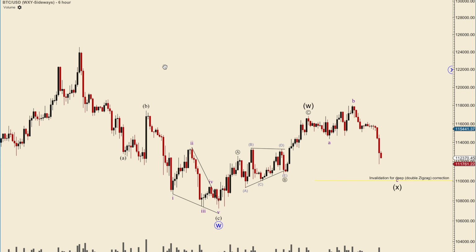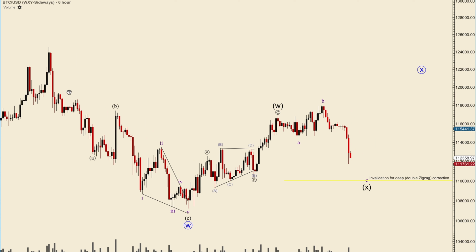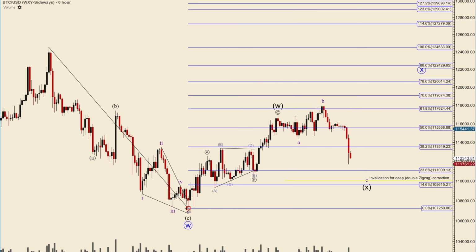Well, this is a scenario that we are counting a W, a zigzag down in W. We have a W, X to a Y to finish a bigger wave X. And here it's important to be aware of the wave X fib target, because if we hit the 70 fib at 11.9K, then the probabilities significantly decrease that we are looking at a deeper correction.